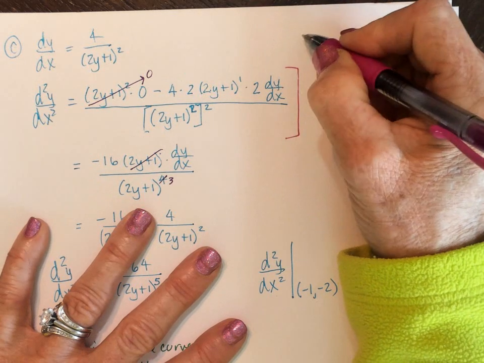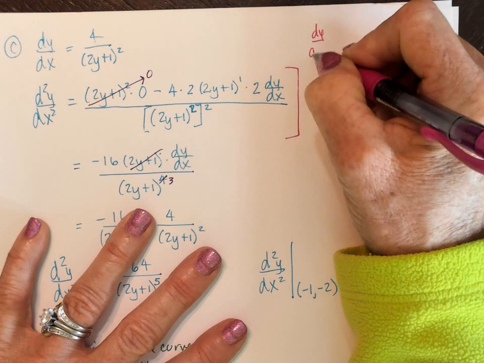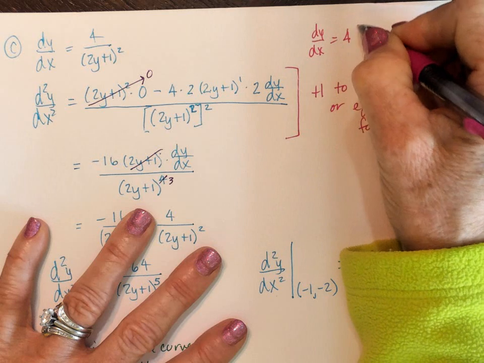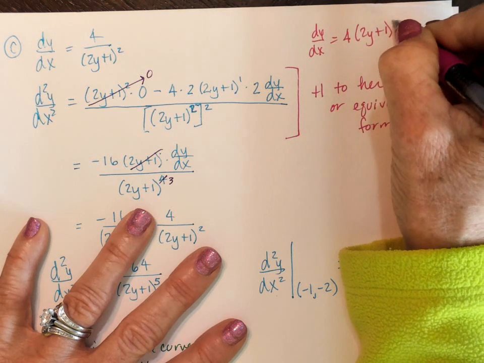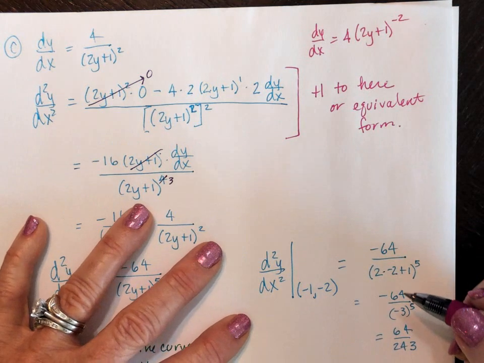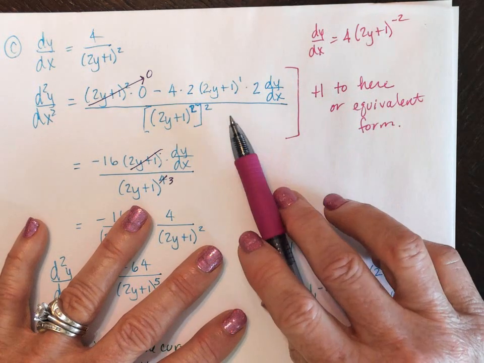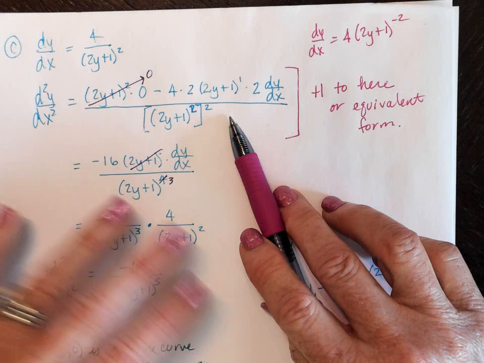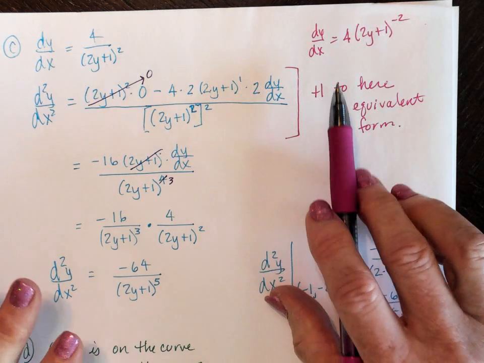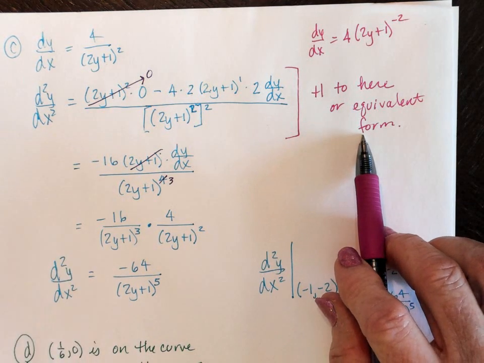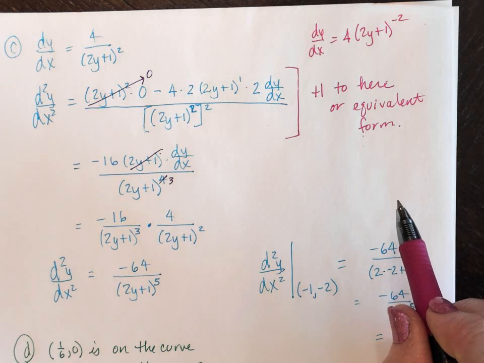Some people rewrote that dy/dx as 4 times (2y plus 1) to the negative 2, and then did a derivative that way. Either way, you get to here, so you do the derivative of the derivative, and you get 1 point for just plugging through the implicit differentiation.